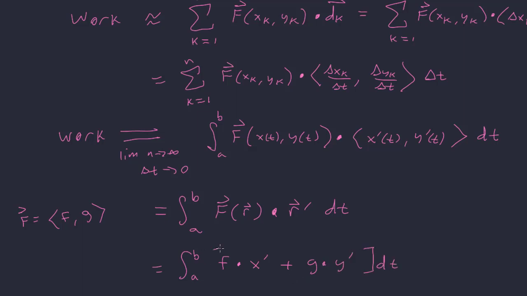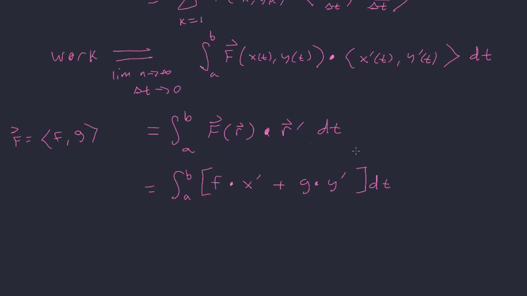Because of what this is saying, line integrals are sometimes given like this: the integral over C of f dx plus g dy, because it's basically telling you how this works. That's what we end up with at the end.